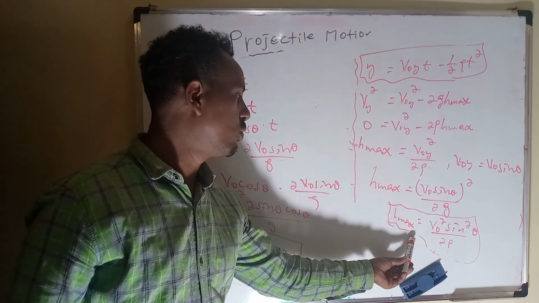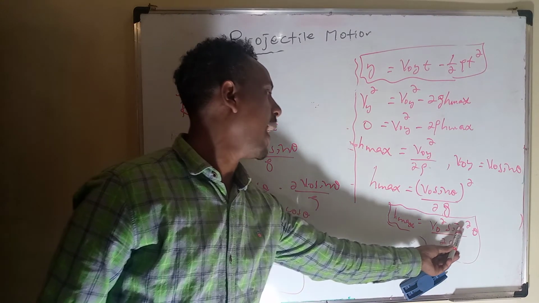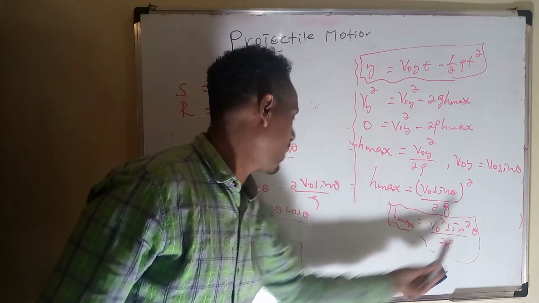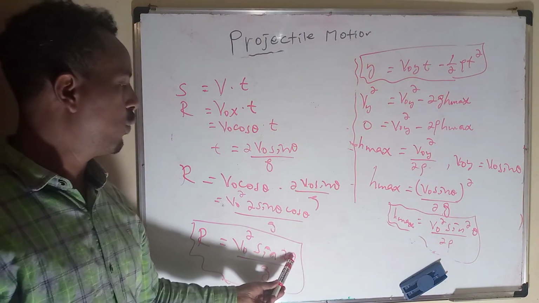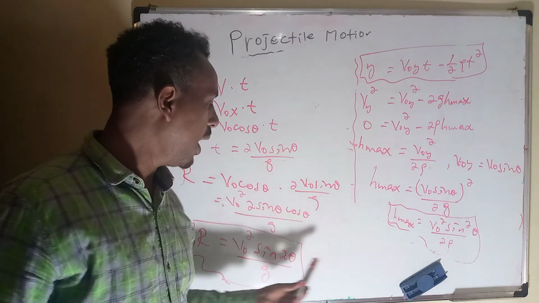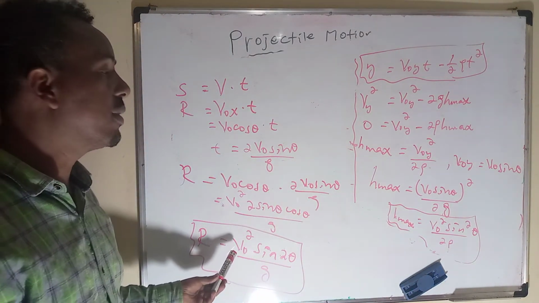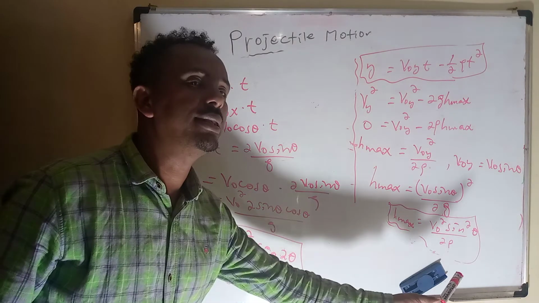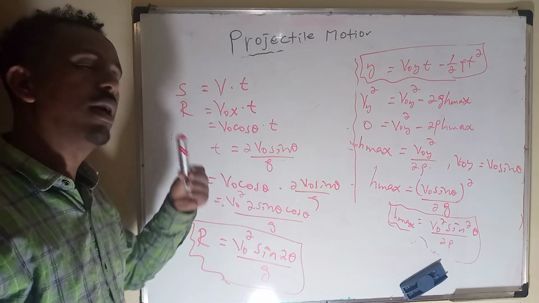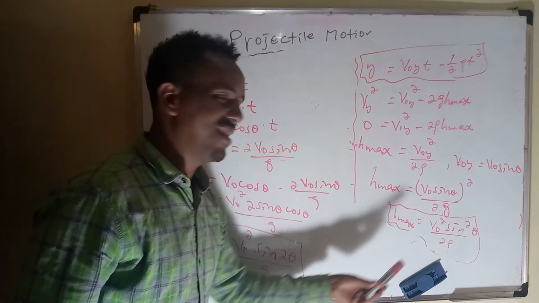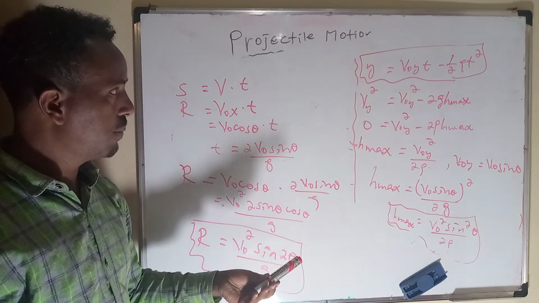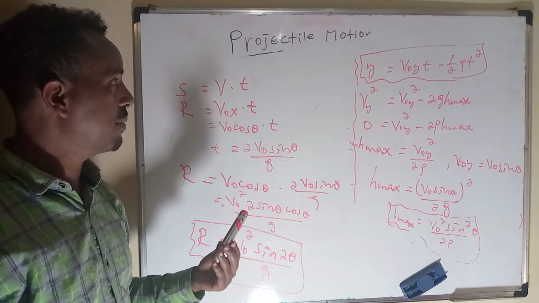Maximum height is equal to v initial square sin square theta over 2g. This is sin square theta, but that is sin of 2 theta; they are not the same. This is the maximum height and this is the range. The range is the horizontal distance covered by the projected body, and the maximum height is the height reached by the projected body.